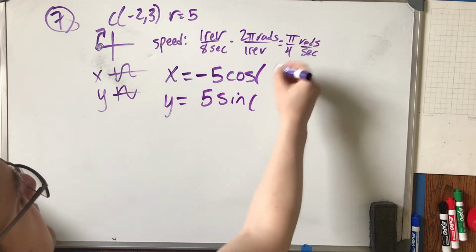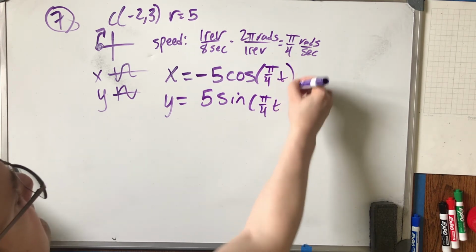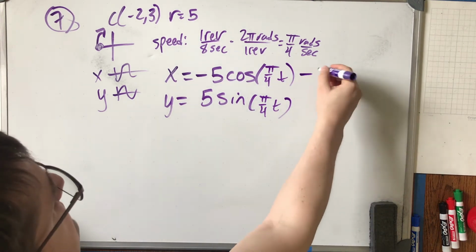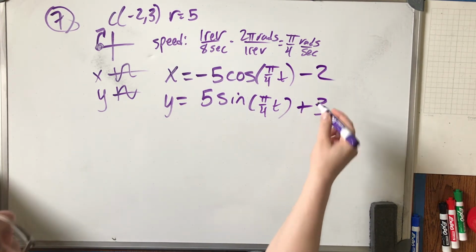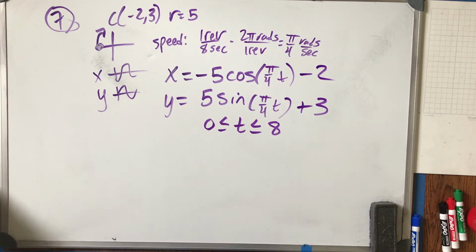From here we'll put this inside, so pi over 4, and then t inside the parentheses, super important, must be inside, and then we get to the center, -2 plus 3, and then we have the interval that they gave us, which is from 0 to 8. So it wasn't so crazy bad, was it?